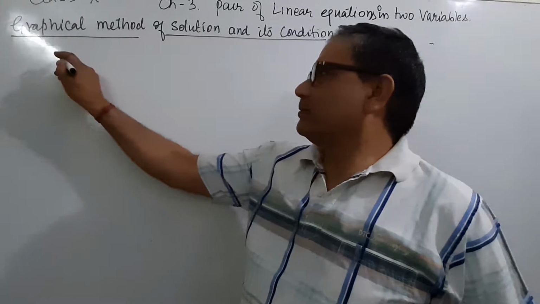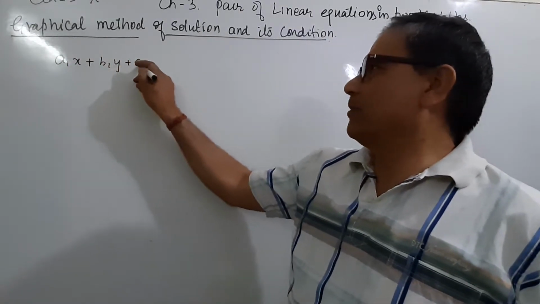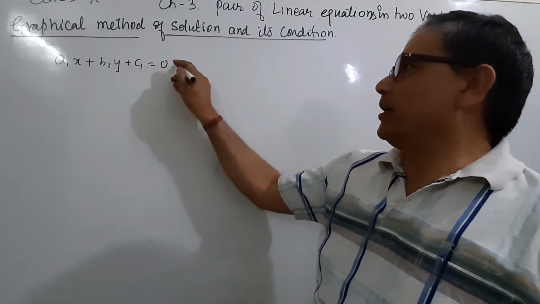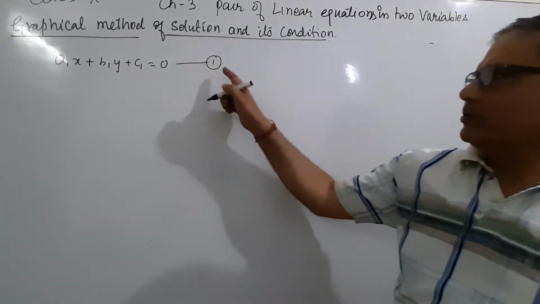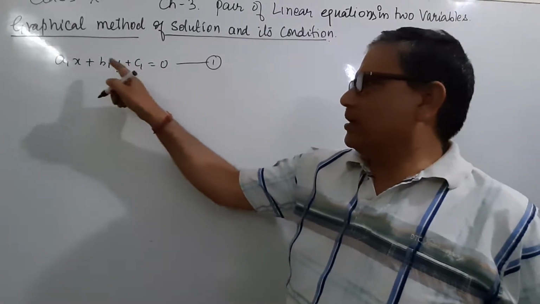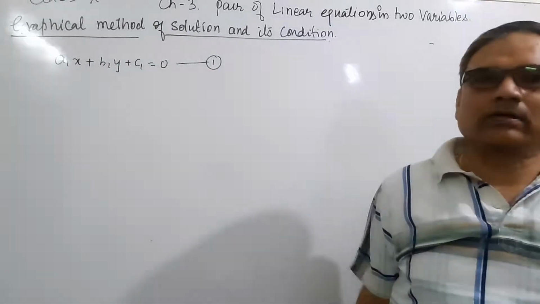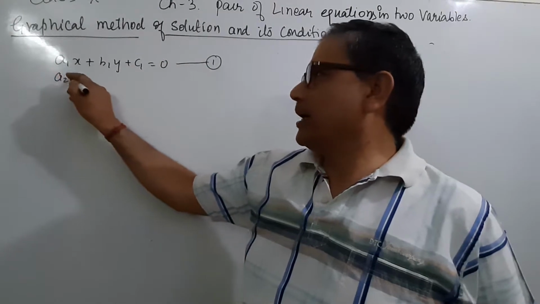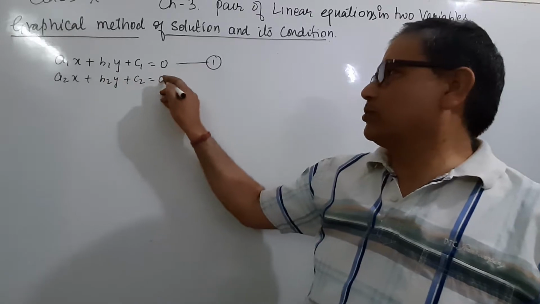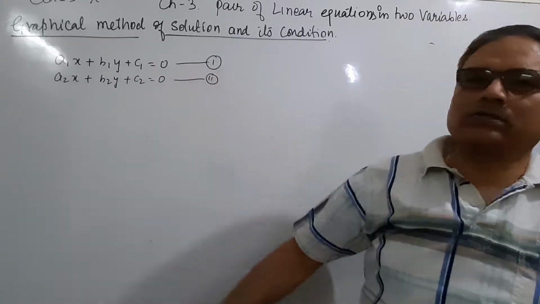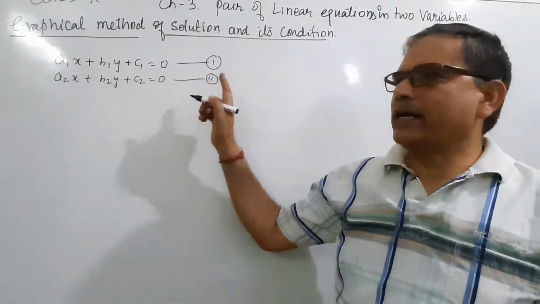And we know very well a1x plus b1y plus c1 is the standard form of a linear equation in two variables. Here a1 is the coefficient of x, b1 is the coefficient of y, and c1 is the constant for the first equation, and a2x plus b2y plus c2 is equal to 0 is the second linear equation in two variables.